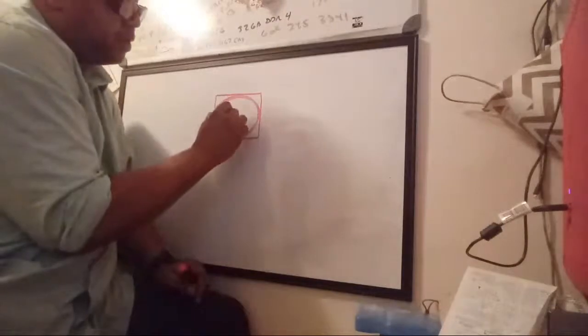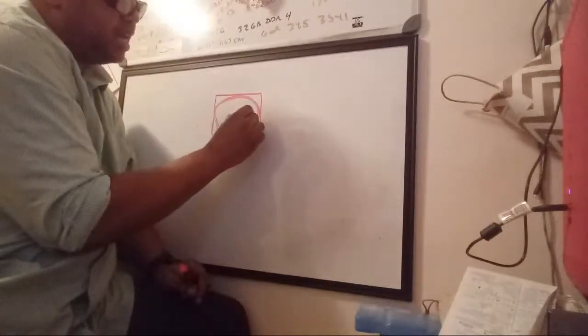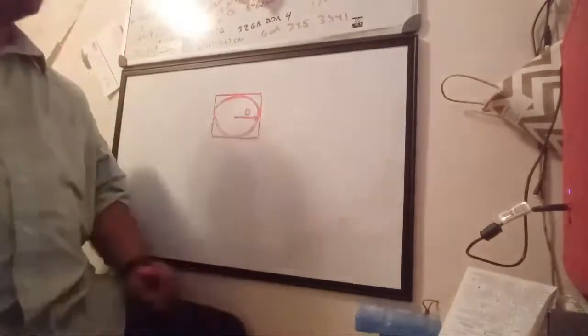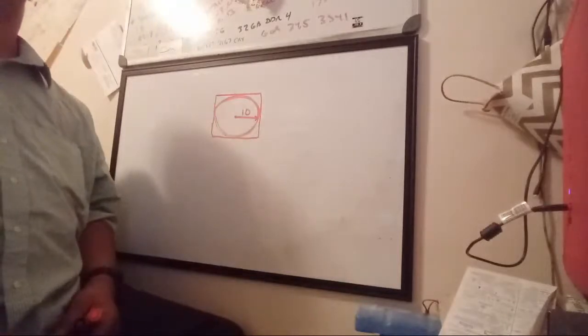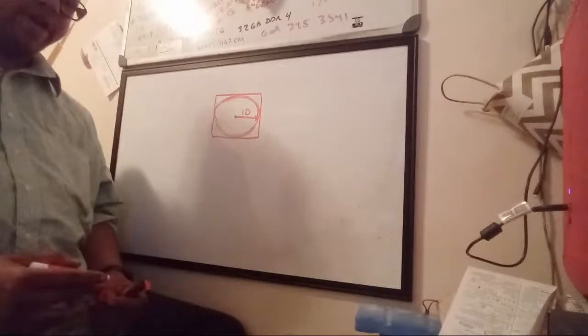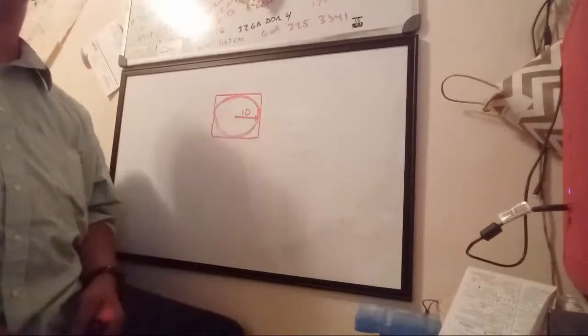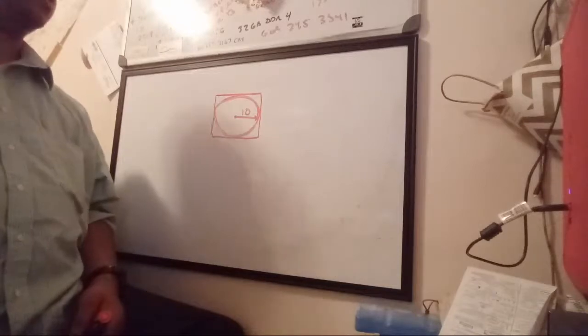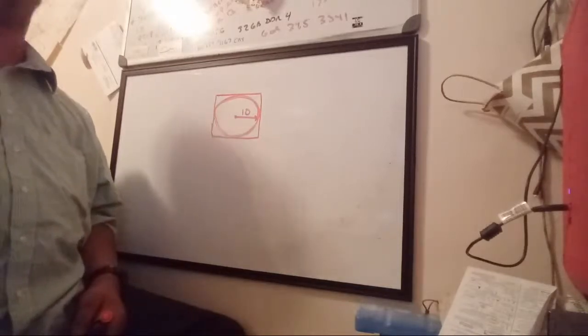Now, the radius of the circle is 10. So, what do you think the area of the square is, Jasmine? Or tell me what one side of the square is.